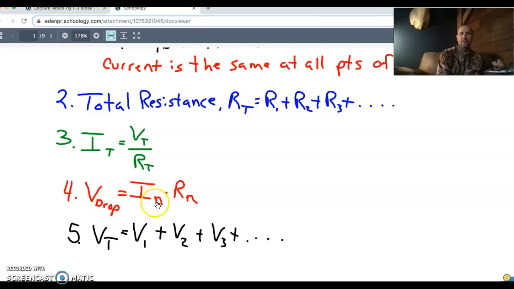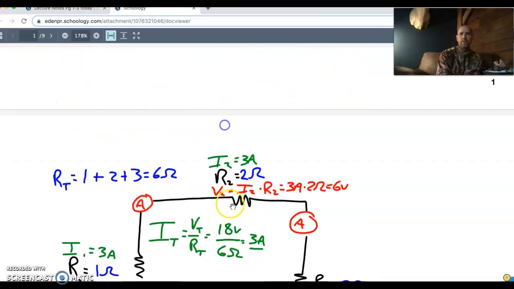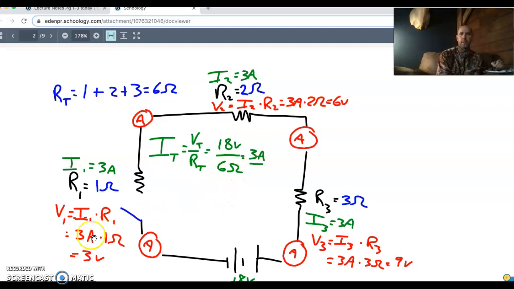The N stands for whatever resistor you want to find the voltage drop at: I sub N could be I1, I2, I3, etc. If we find the voltage drop, it's just Ohm's law solving for V, I times R. It's I1 times R1, 3 times 1, is 3 volts.